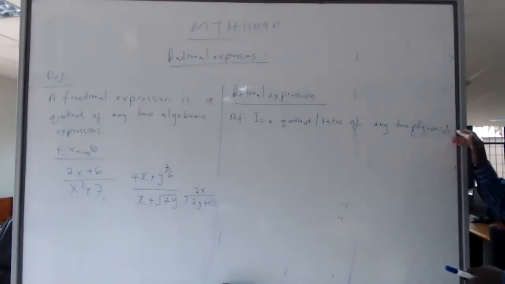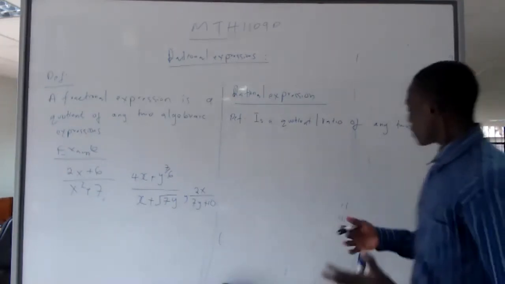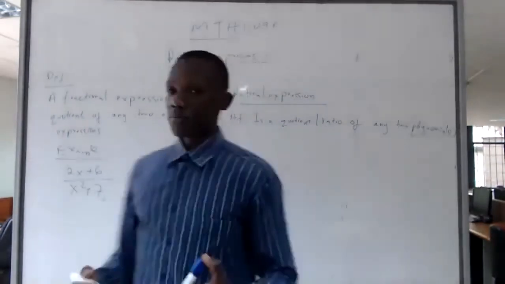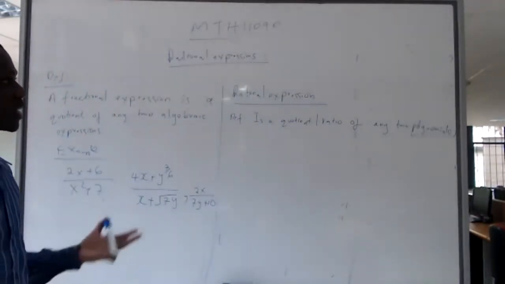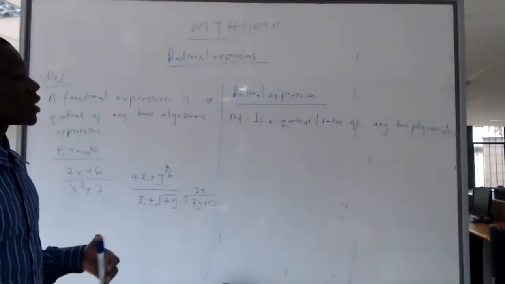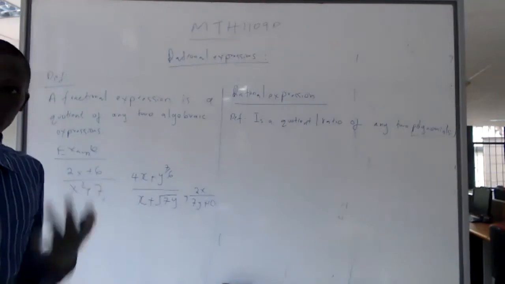A polynomial is simply an expression consisting of variables and coefficients. The coefficients are real valued, and the exponents have to be positive integers.